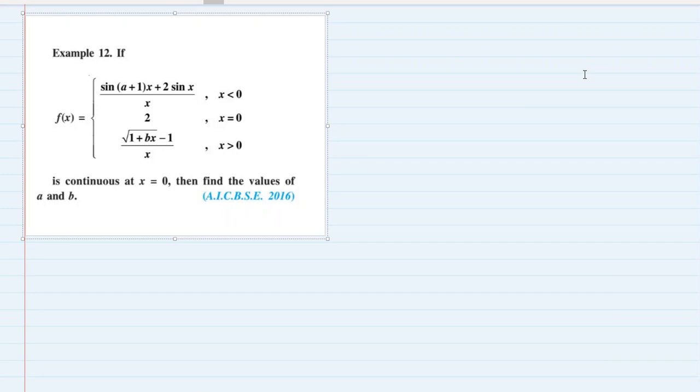If f of x is 2 when x is equal to 0, and f of x is root of 1 plus bx minus 1 upon x when x is greater than 0. It is continuous at 0, this function, and then find the value of a and b. So this is a trigonometric function, you need to be little careful. It is given that it is continuous, so let's start with LHL.